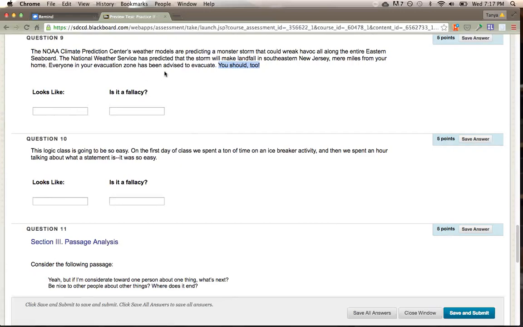Everyone in your evacuation zone is advised to evacuate, presumably by somebody official. You should too. Pretty clearly, the conclusion is you should evacuate. Storm is coming and everyone has been advised to evacuate. You should evacuate. Now, does this look like it has the pattern of any of our fallacies?